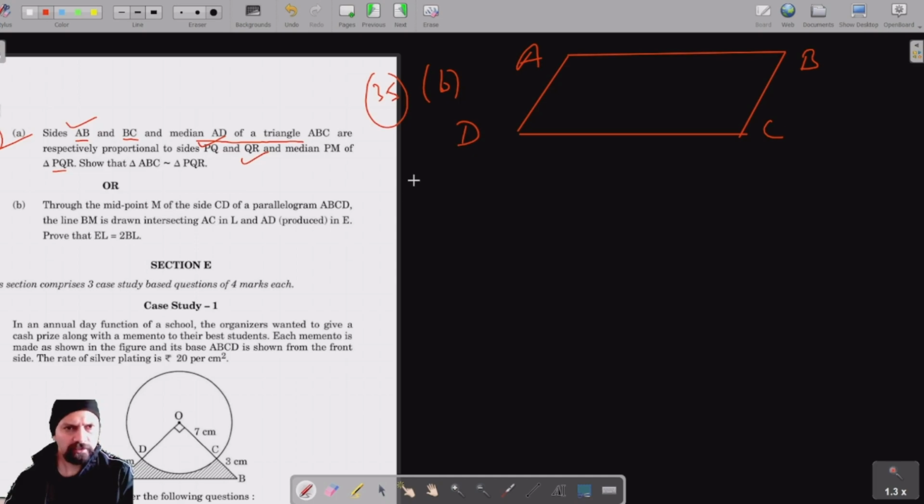Now it's given that through the midpoint M of side CD, so side CD has midpoint M, a line is drawn intersecting AC in L.